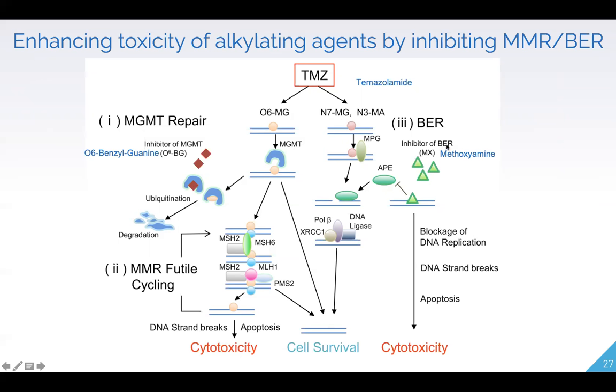And here, if you add an inhibitor for the AP endonuclease, which is an important component of the BER pathway, then you're also depriving the cells of the capacity to repair these lesions. And so then you end up with more cytotoxicity. So this idea of synthetic lethality works by, on one hand, increasing the amount of damage to the cells, and on the other, depriving the cells of a normal repair pathway.